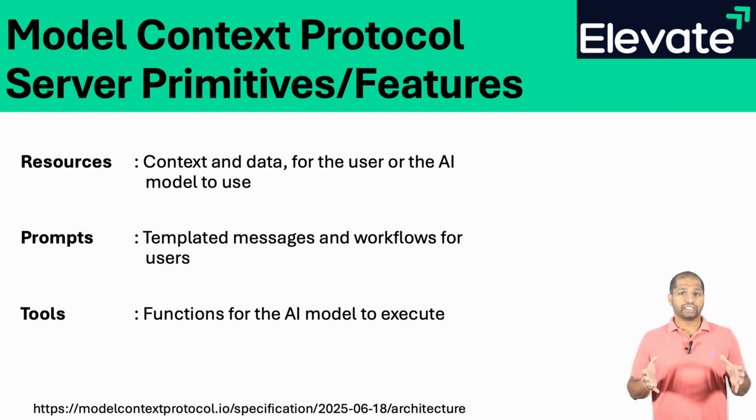In server features, resources provide context and data for the user or AI model to use, while prompts provide templated messages and workflows for the user. This is where we get the benefit of well-engineered prompts from a server. Tools are functions for the AI model to execute.